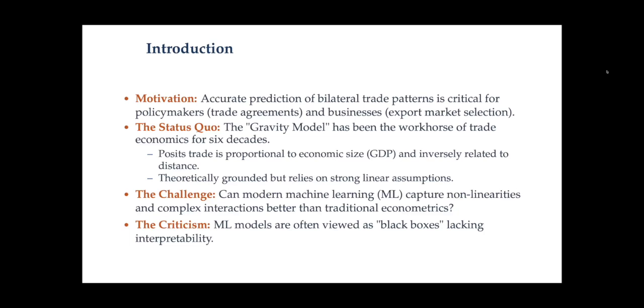The multiplication of the GDP of the U.S. and the GDP of South Korea divided by the distance between the two countries will determine the total volume of trade. That's the theoretical side of the gravity model. It's been more than 3 decades of research on this, and it works well in panel setups, OLS setups, like that.